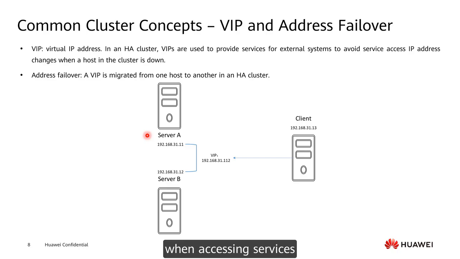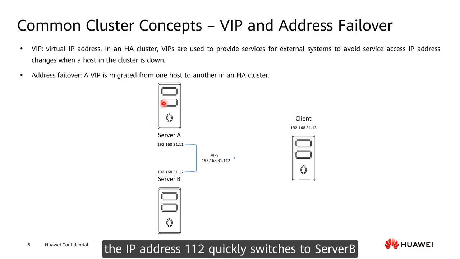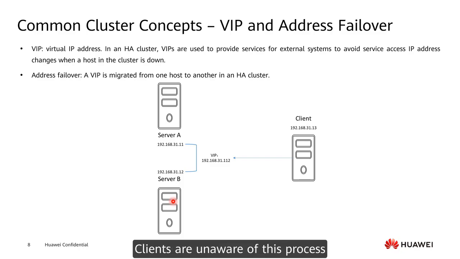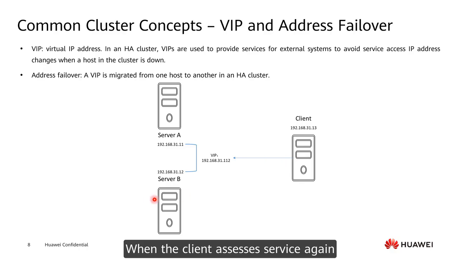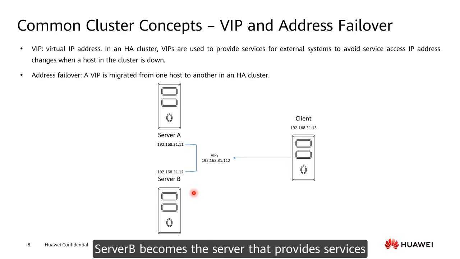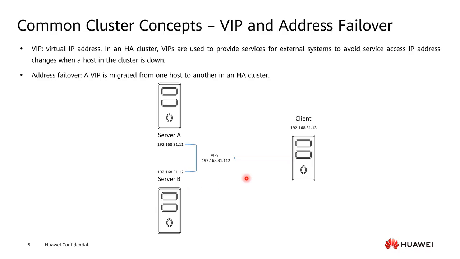When server A fails, the IP address 112 quickly switches to server B. Clients are unaware of this process. When the client accesses the service again, server B becomes the server that provides service for the client.